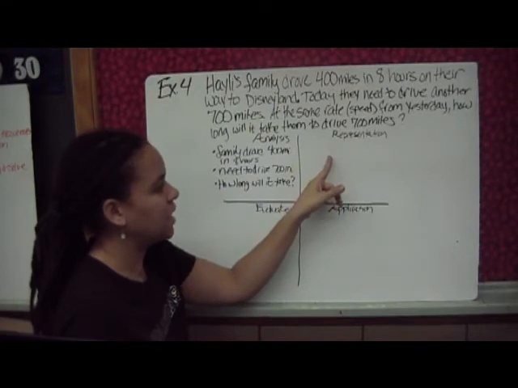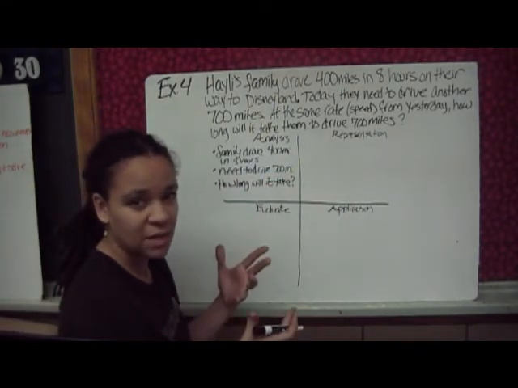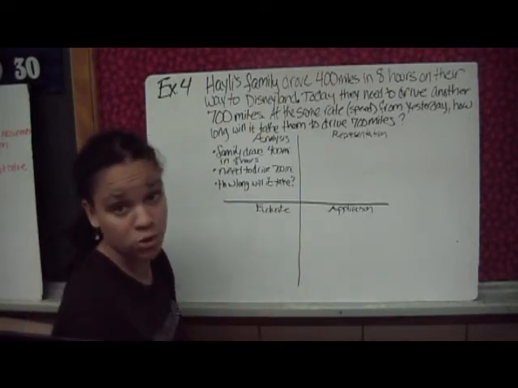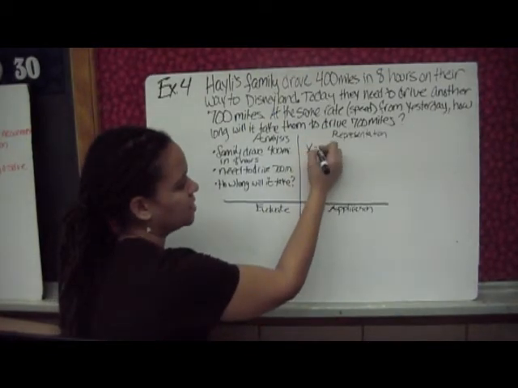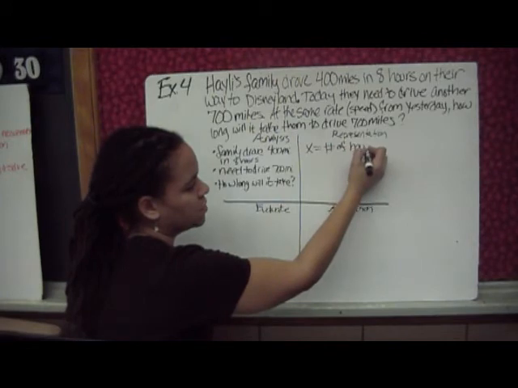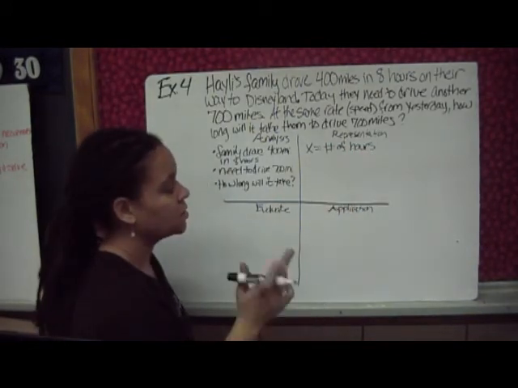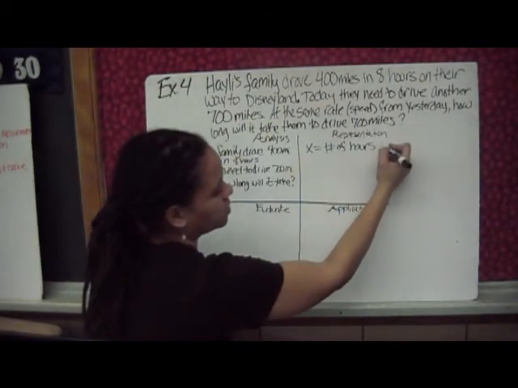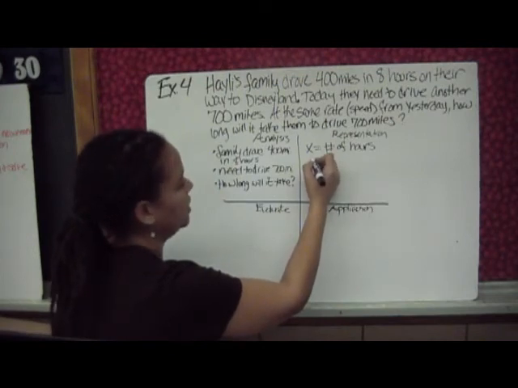Now let's represent it. That means let's try to put some variables with it to start to make some kind of equation or proportion, as you will, out of what we have here. So let's say our variable, x, is going to be the number of hours it's going to take to go the 700 miles. So the proportion we already have is 400 over 8.